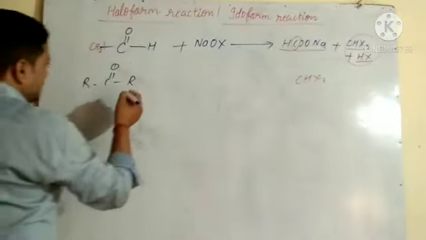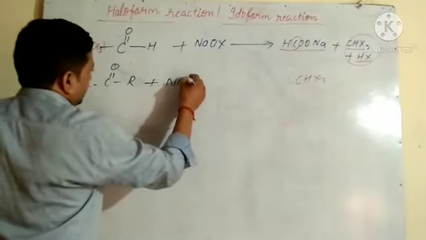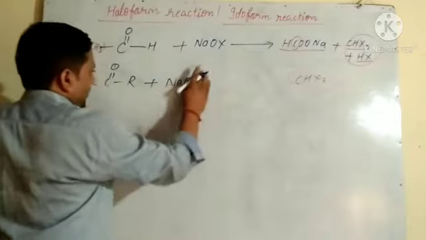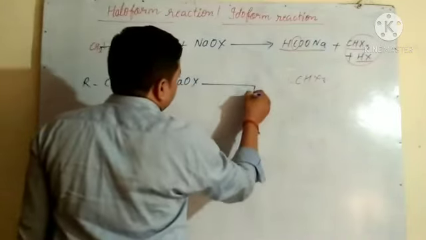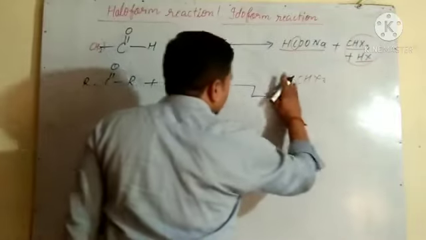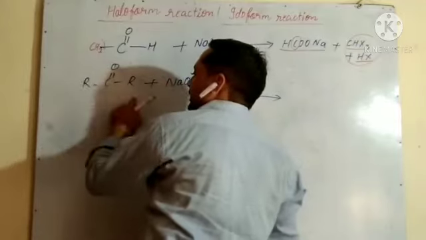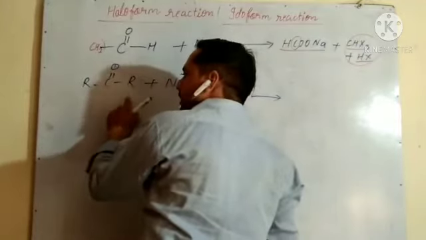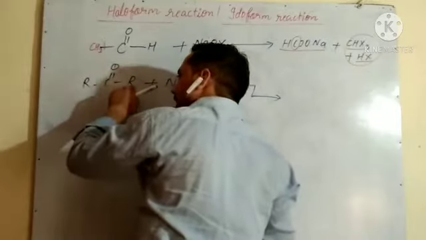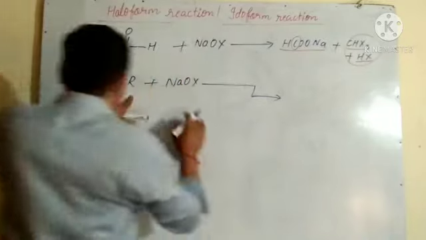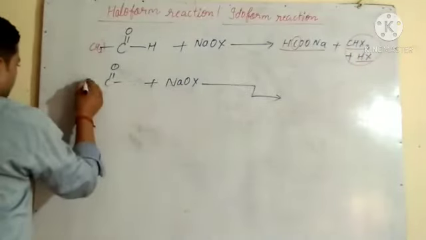If I write this same product, we will get one sodium salt. One alkyl group will be forming the haloform. So here it is better to take acetone.